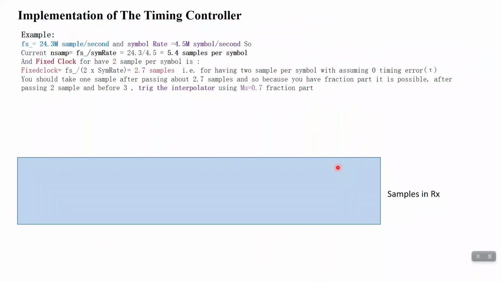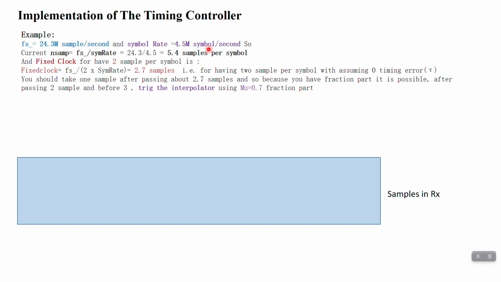So the implementation of the timing controller, I explain it with a simple example. It's a very important part of the receiver. Assume the sampling frequency F_s after downsampling at the entrance of the timing and PLL block is about 24.3 mega samples per second after downsampling, and we have a signal with a symbol rate of about 4.5 mega symbols per second.